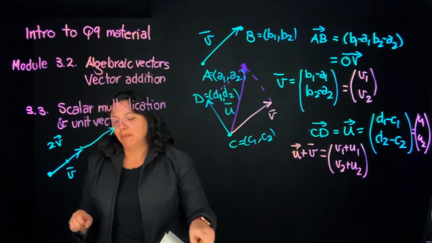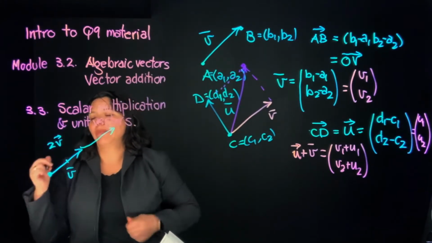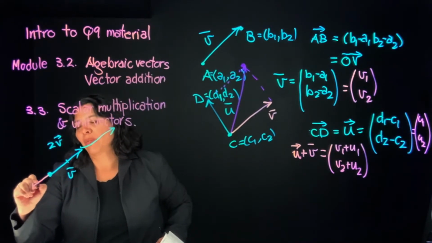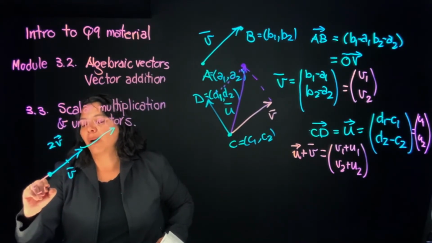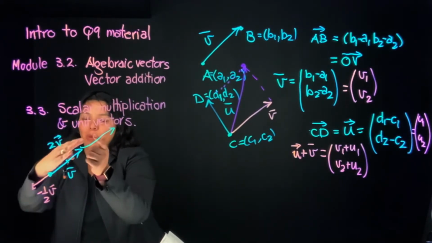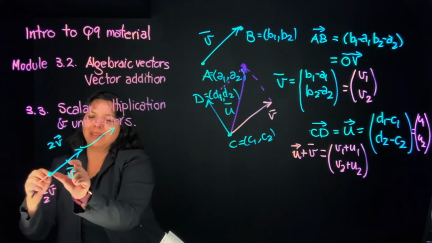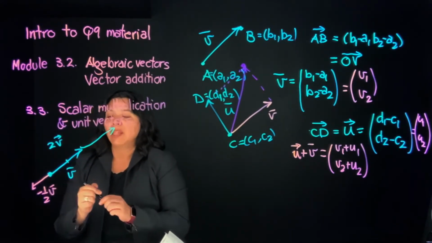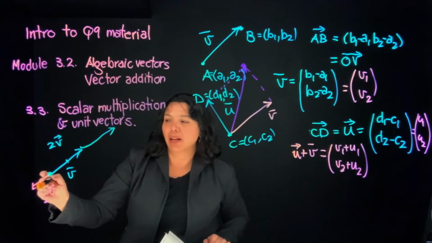So, for example, if v is here, negative 1/2 v will be like this. So same direction, suppose, with a bit of imagination, but half the magnitude pointing in the opposite direction as v.